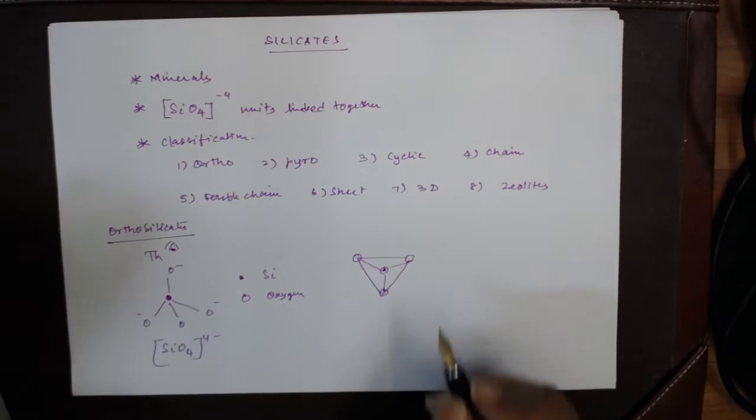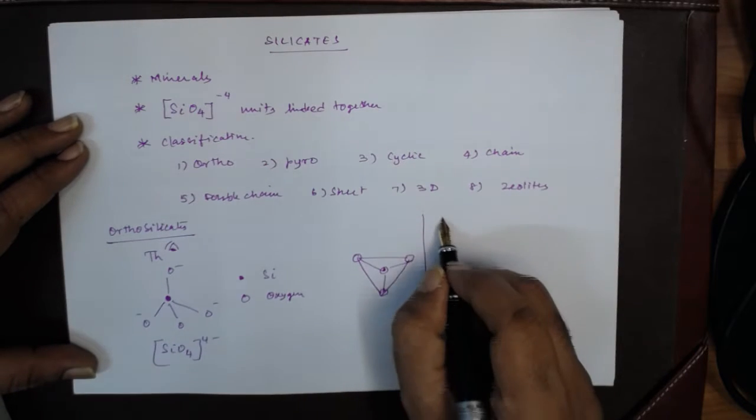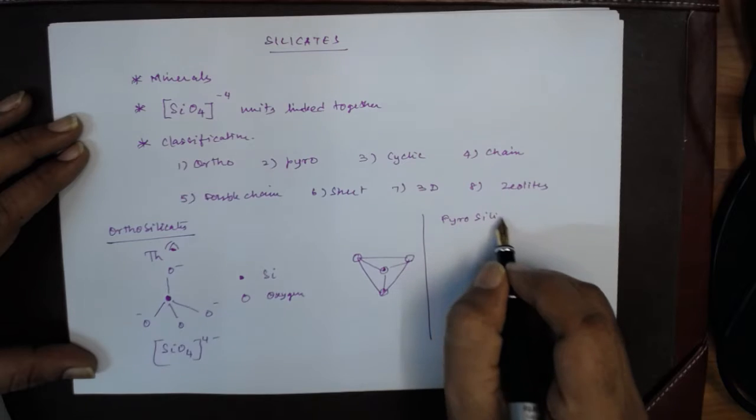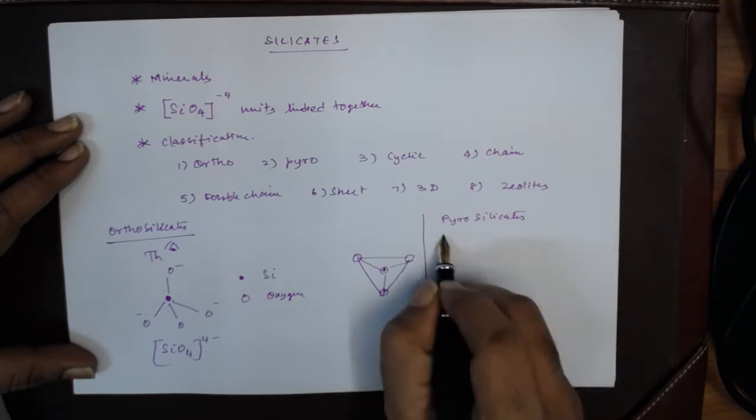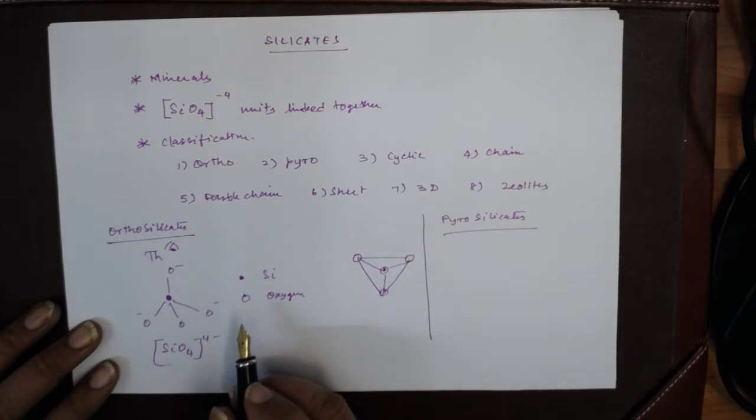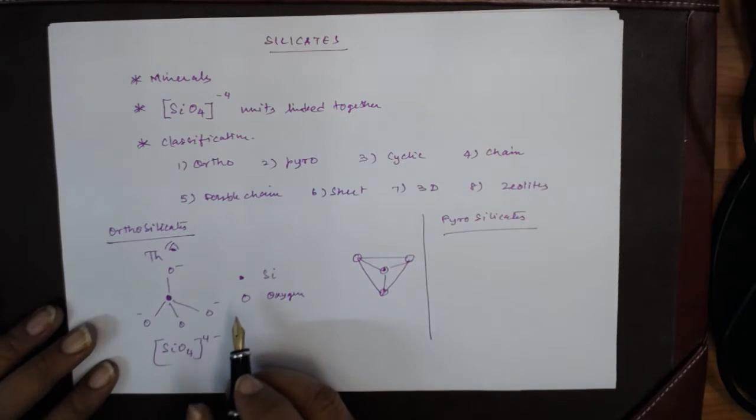Got it? Then pyrosilicate. So what is the formula of orthosilicate? That is SiO4.